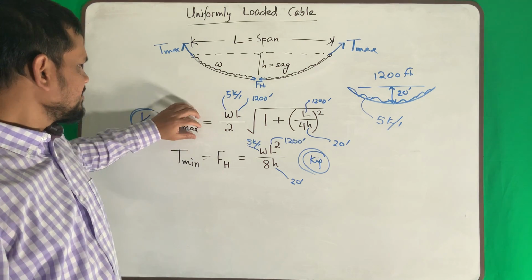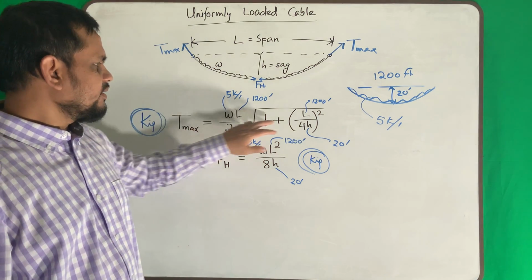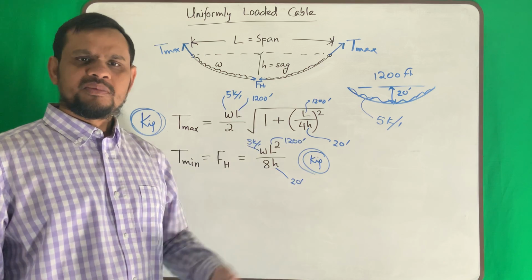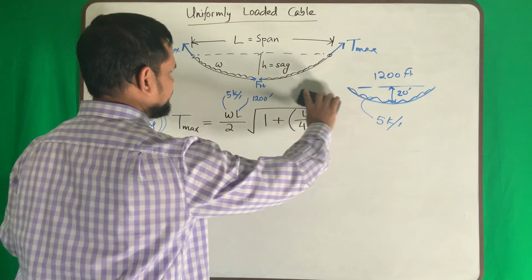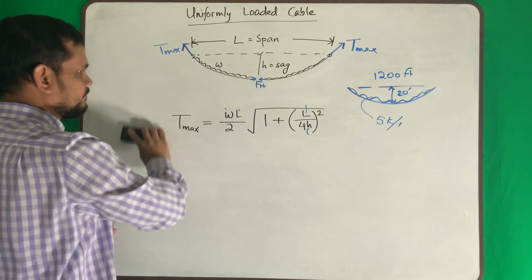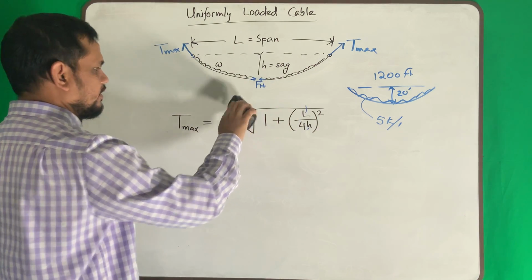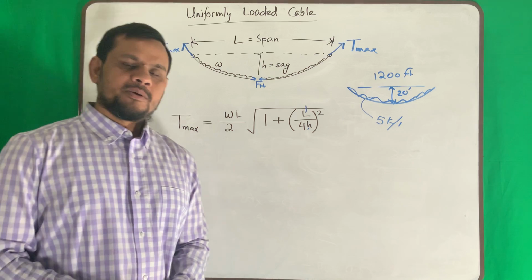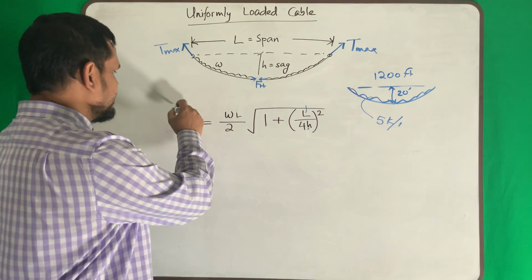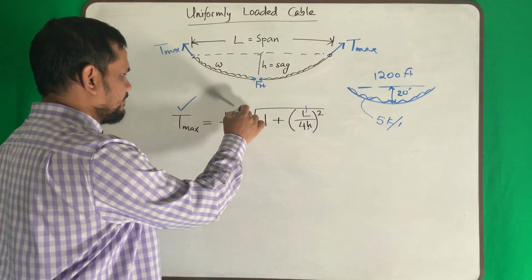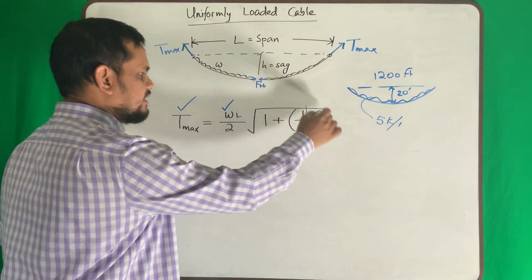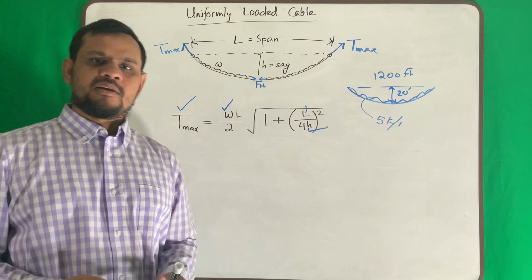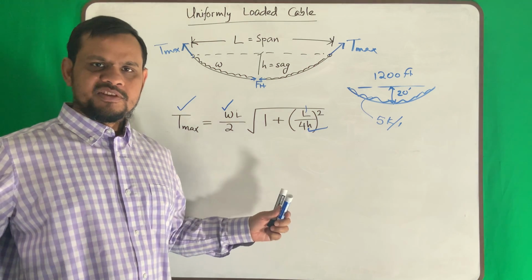If this is the case, this is given, you have to find your L. If the problem gives you the allowable, the W and the H, then they can ask you to find the maximum span possible.